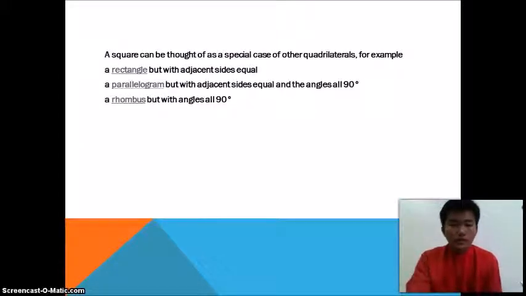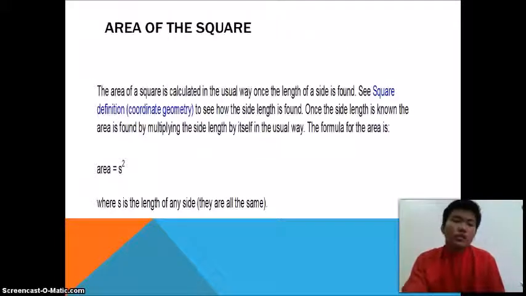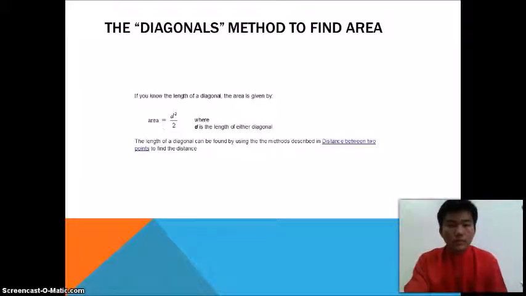So this is from the first slide of a square. It stated that a square can be thought of as a special case of other quadrilaterals, for example, a rectangle, a parallelogram, and a rhombus. This is the area of the square as I said just now. And this is the diagonal method to find the area.